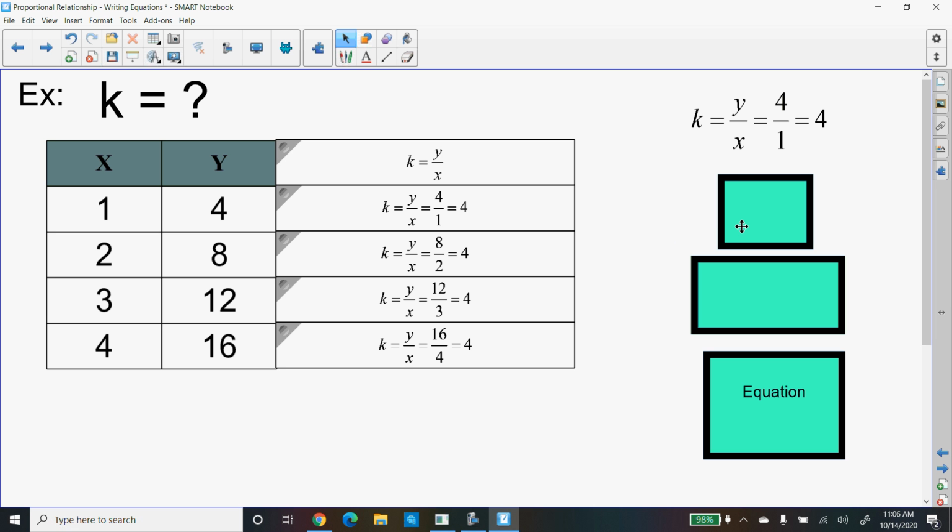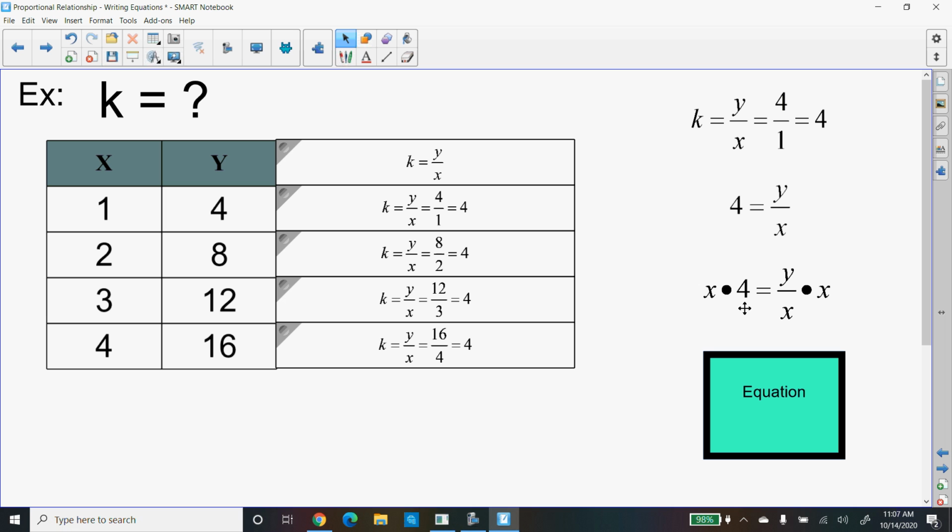So I'm going to replace this 4 with the k, so I have 4 is equal to y over x. And the reason why I want to do that, I want to show you how we come up with that formula y equals kx. So I want to solve this for y. So what I'll do is the opposite of dividing by x, which is multiply by x. I'll do that to both sides.